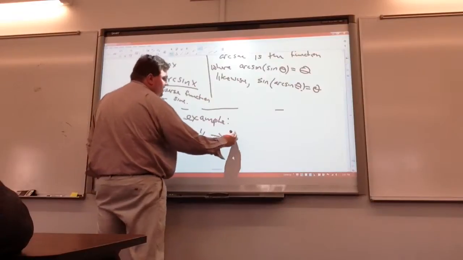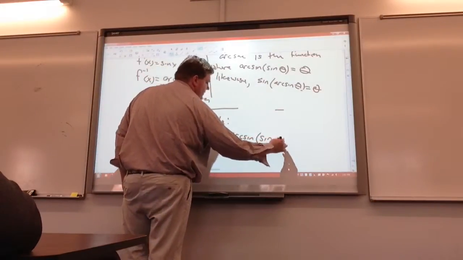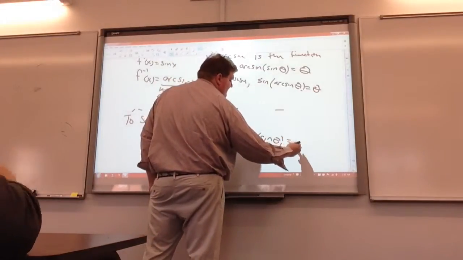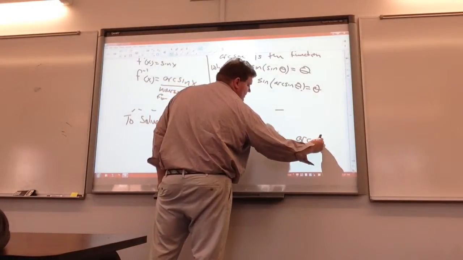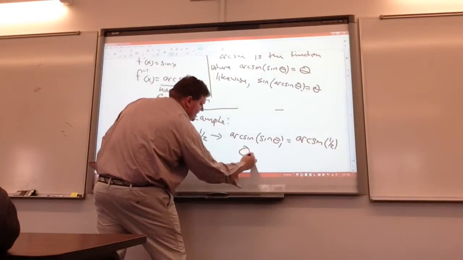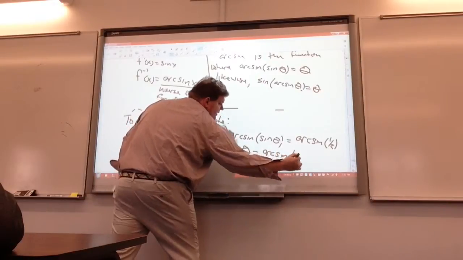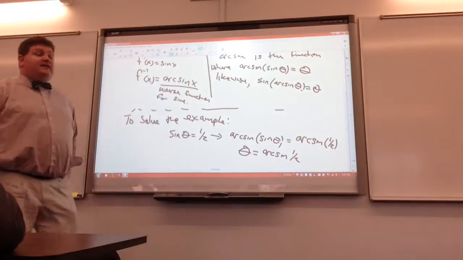I do the arc sine of the sine of theta and have that equal to the arc sine of 1/2. And that leaves me with theta is equal to the arc sine of 1/2. And so you get a calculator out at that point.